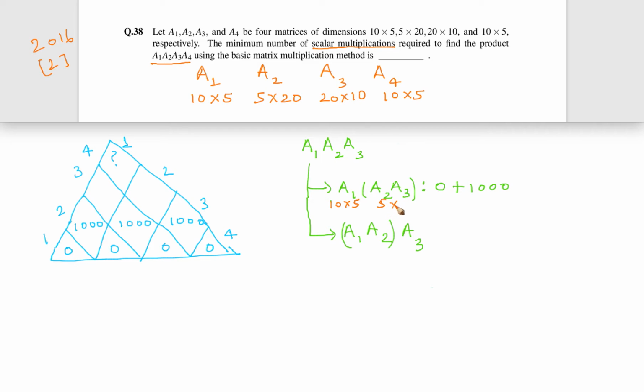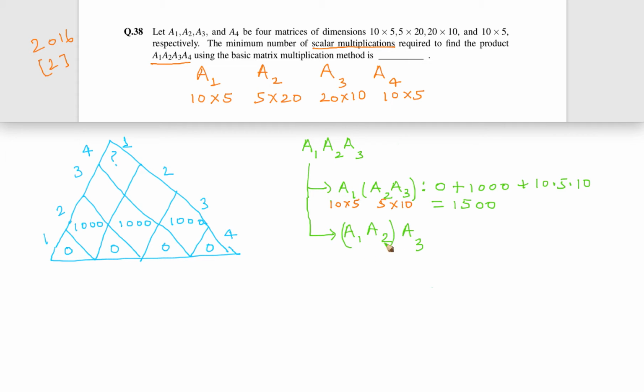So the number of operations will be 10 into 5 into 10, which is 500, plus 1000, which is 1500. So 1500 scalar multiplications will be needed for a1 into a2 into a3 in this way.